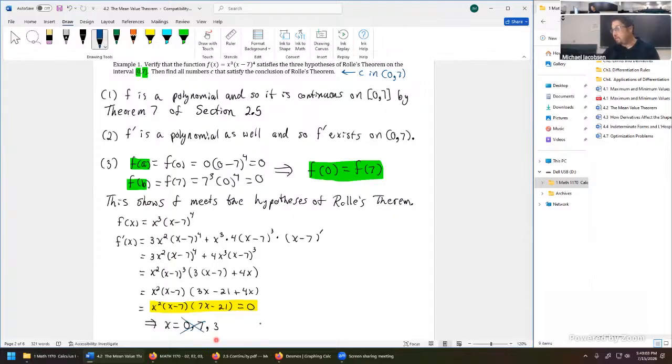They are the boundary of the domain, and our conclusion is that, therefore, c equals 3 is the only number satisfying the conclusion. Because it's the only number that's specifically between 0 and 7.